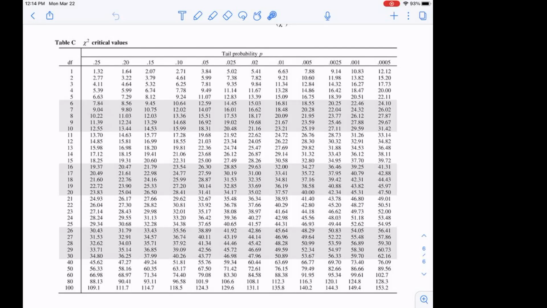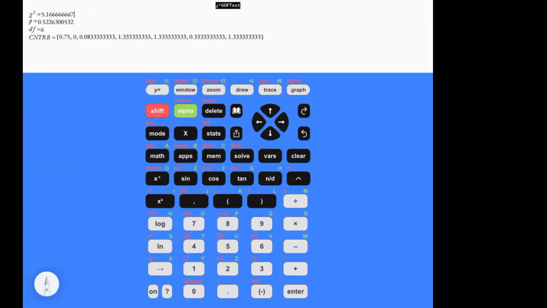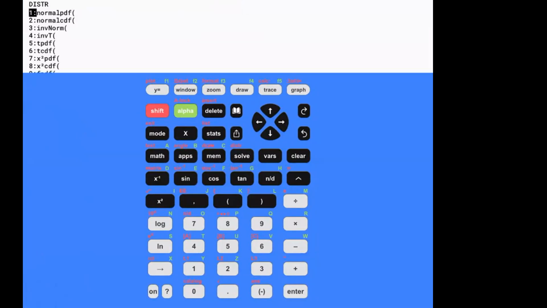The other way of hand calculating a chi-squared value is if I go into my distribution menu. If I look there, there is a chi-squared CDF. I could choose that. And so my lower boundary was the 29.92. My right boundary is very, very large. I'll just leave it at that number. How many degrees of freedom did we have? 7.